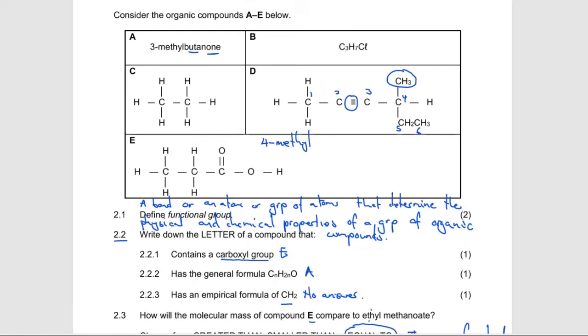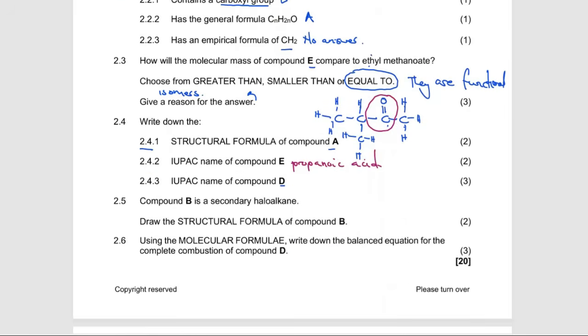If it's 6 carbons, it means it's a hex, right? So I'm going to say hex. Then where do we find the triple bond? It's on carbon number 2. It's easier if you count the first bond 1, and then the second bond is going to be 2. So you're going to say 2 dash, then the suffix for alkynes is going to be what? YNE. So that's how we write the IUPAC name of compound D.